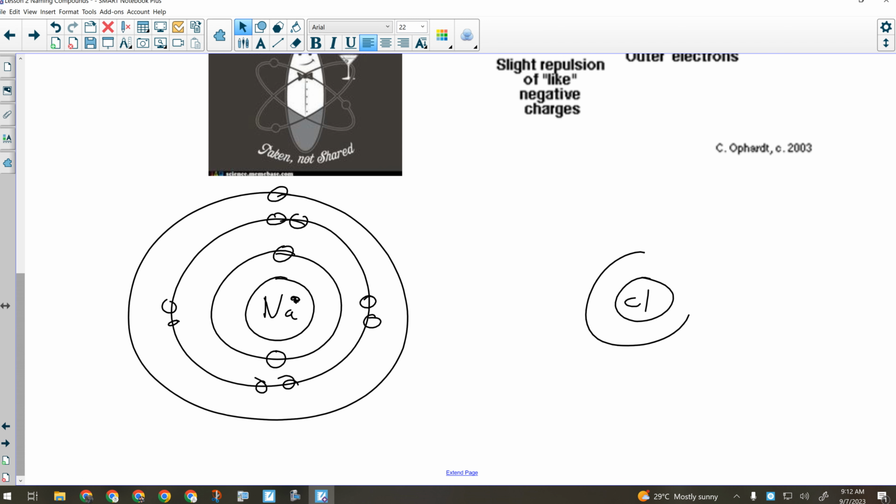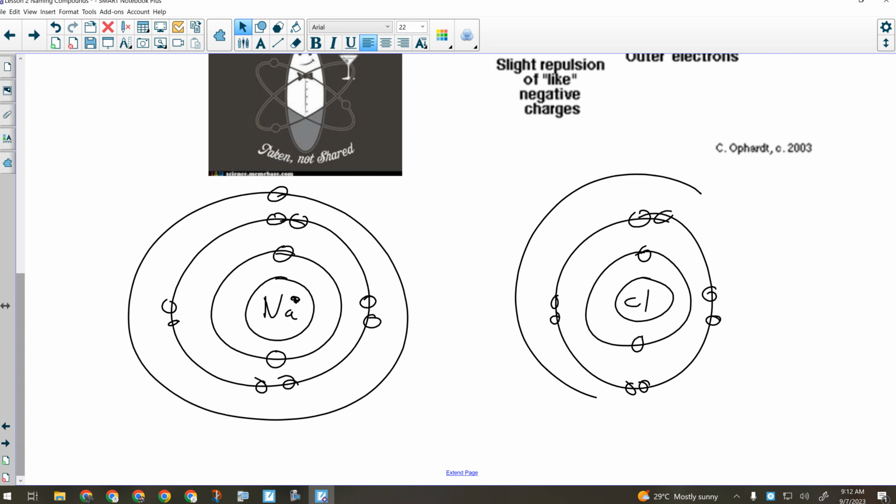So its first shell has 2, the next shell has 8, and the next shell has 7, but it can hold 8. This is why they get along so well. Sodium's got 1 electron it wants to get rid of, chlorine needs 1. So in an ionic bond, this electron is donated from sodium to chlorine.